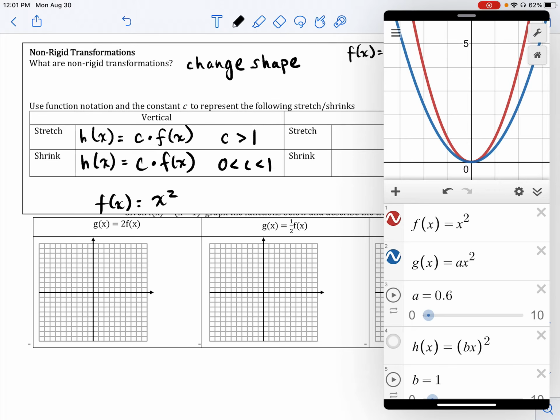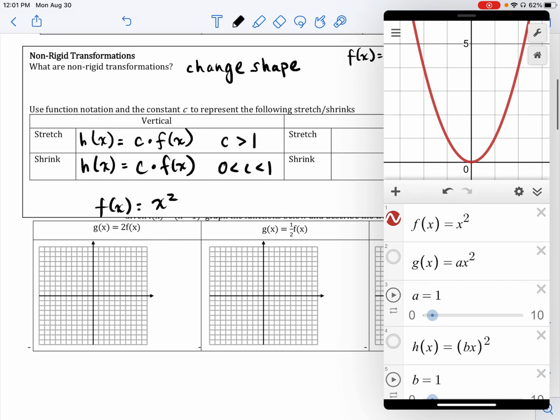It's almost like I'm pressing down on the graph, or you're smushing down on a sandwich or something like that. And it's widening out. Now, I don't want to go past 0, because if I go past 0, you can probably figure out what's going to happen. It's going to reflect over the x-axis. So as we approach 0, that graph is going to widen out. That's called a vertical shrink or a vertical compression.